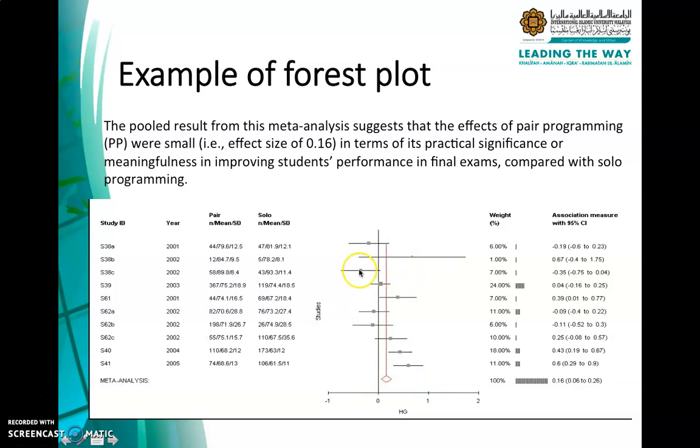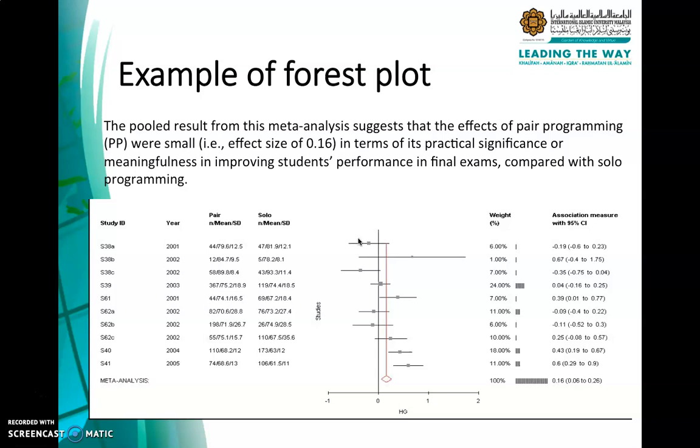These studies are conducting experiments to study the effects of pair programming on improving students' performance in final exams. They wanted to see whether pair programming is good or not, so they measured the students' grades in the final exam.